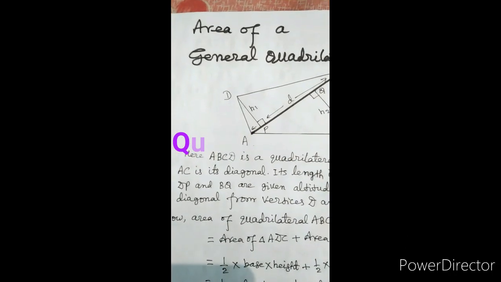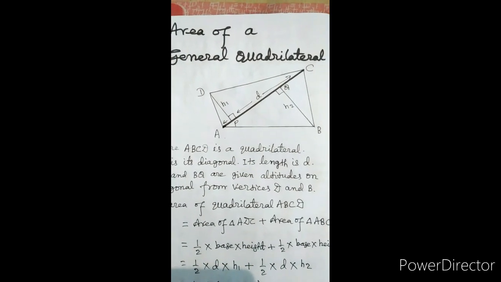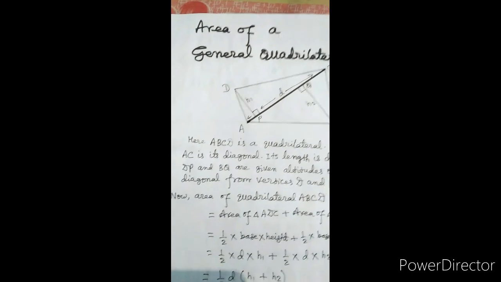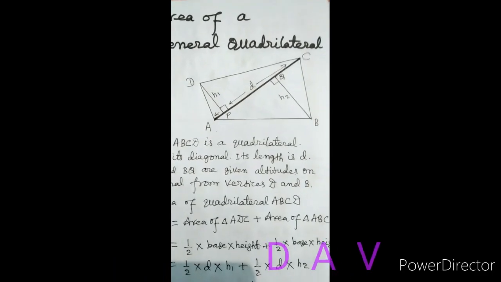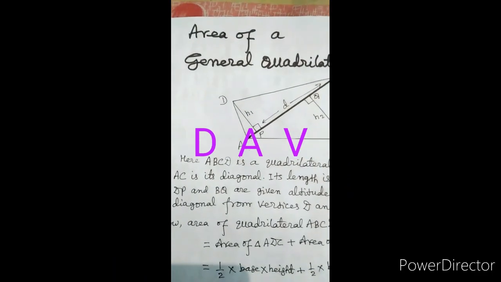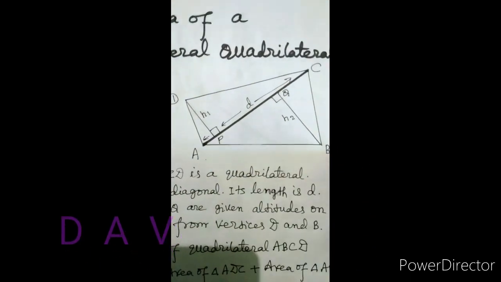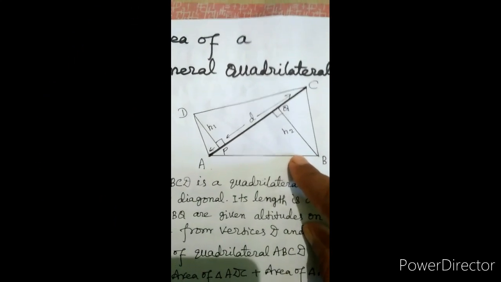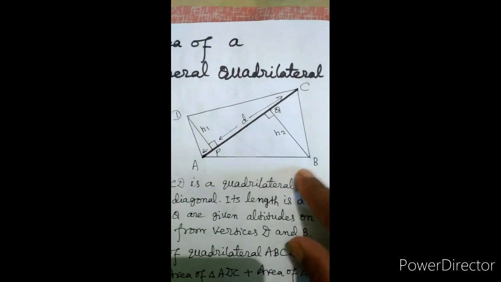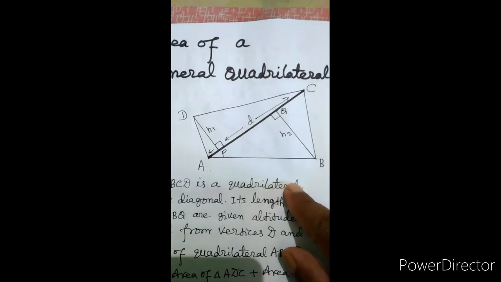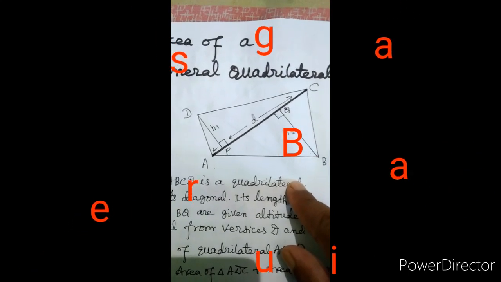Firstly, try to understand about quadrilateral. What is a quadrilateral? A quadrilateral is a closed figure surrounded by four line segments. Here ABCD is a closed figure, and here are also four line segments AB, BC, CD and DA.